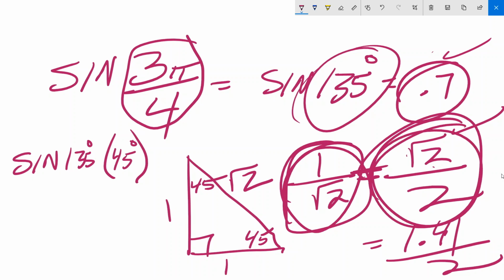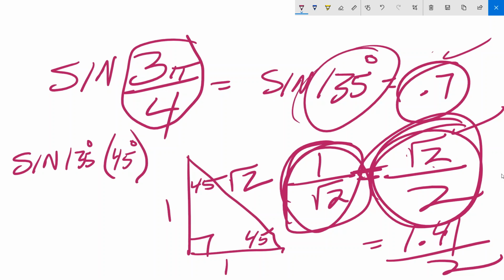It kind of depends on your trig teacher. These days I'm finding more and more trig teachers do not want you to rationalize it. Just leave it unrationalized. In other words, 1 over root 2 is a perfectly acceptable answer, whereas it wasn't a year ago in your math class. They had you rationalize everything.